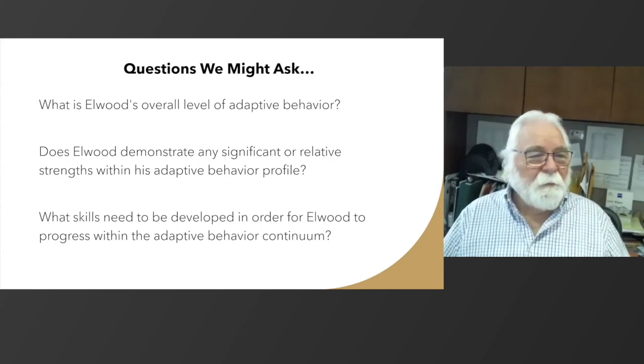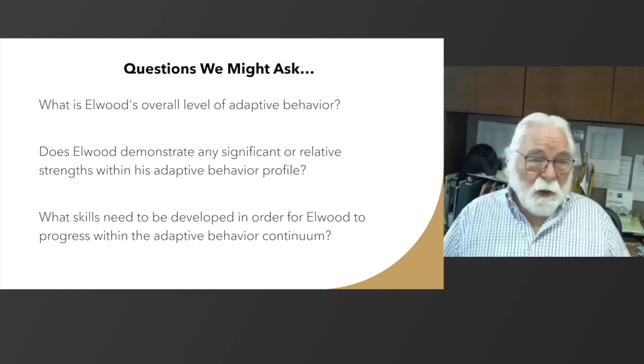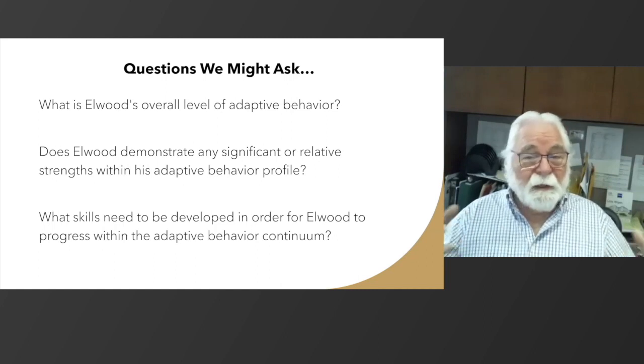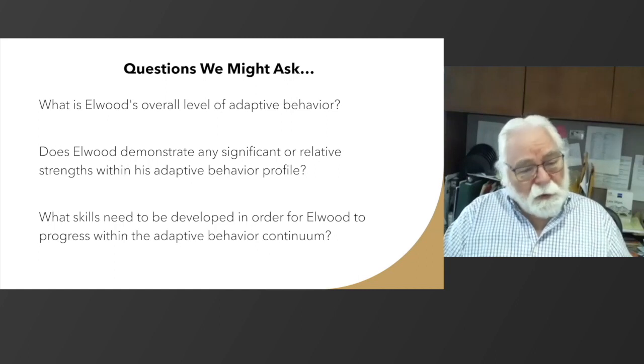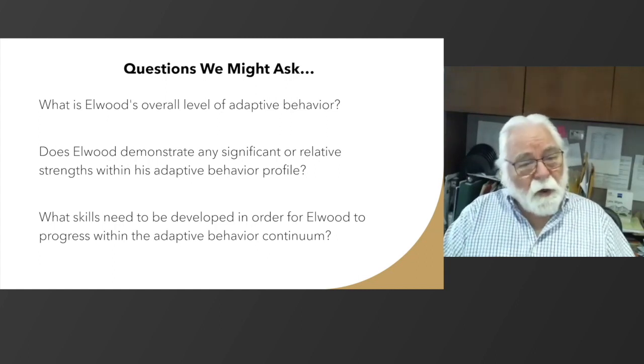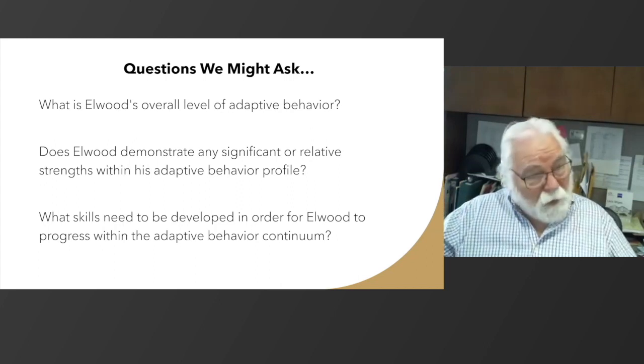And then lastly, very important: what skills need to be developed in order for Elwood to progress within the adaptive behavior continuum? Whoever is reviewing this data needs to give us some guidance on where we need to go next, because these adaptive behavior skills are criterion referenced.